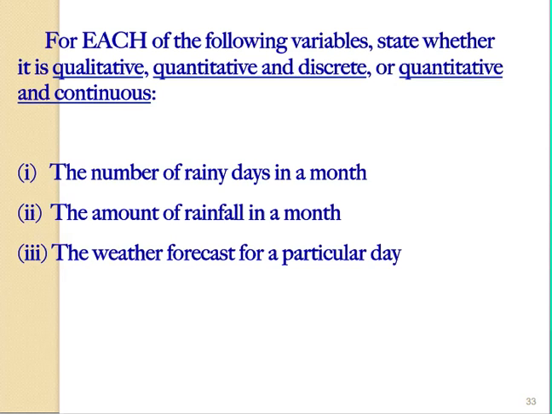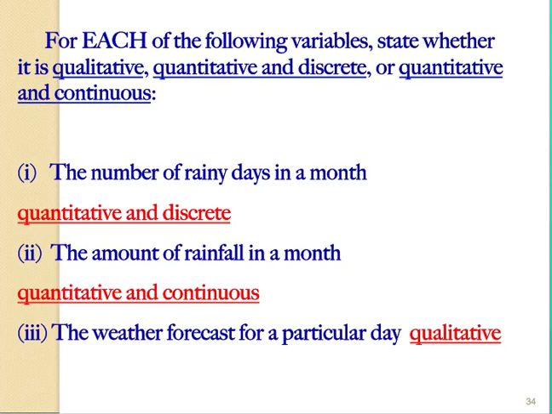The amount of rainfall in a month. That's quantitative, because you're going to say 1 inch, that's how you'll measure the amount. So it's quantitative, and the keyword there is measure, so it will be continuous. And the weather forecast for a particular day, windy, hot, snowy, bleak, that would be qualitative.